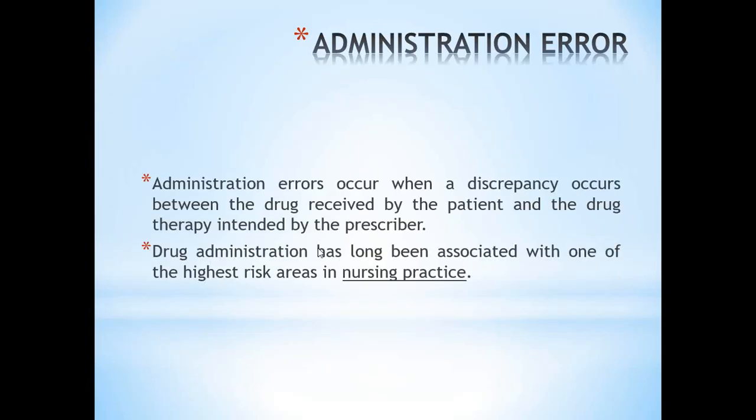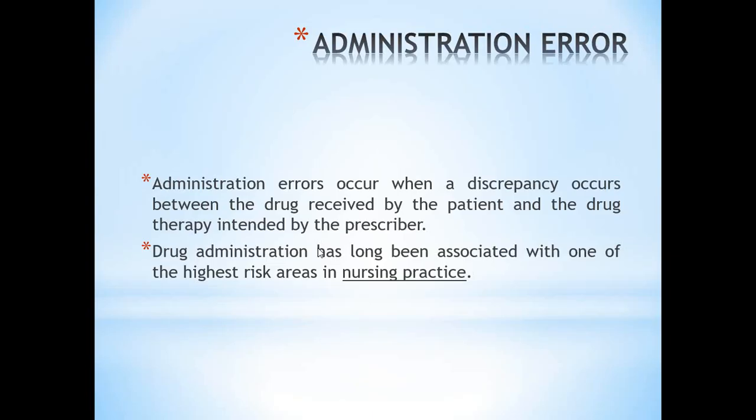Another error is administration error. Administration error occurs when a discrepancy occurs between the drug received by the patient and the drug therapy intended by the prescriber. This kind of error has long been associated with one of the highest risk areas in nursing practice. Administration is done by nurses, and at that point, if the wrong dose was administered, everything was gone.